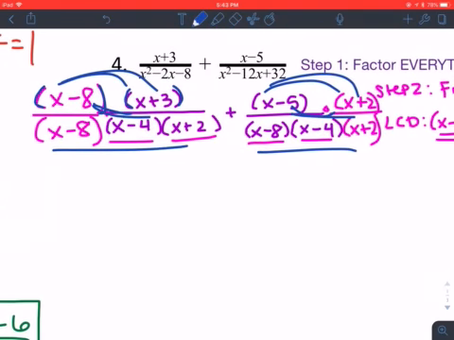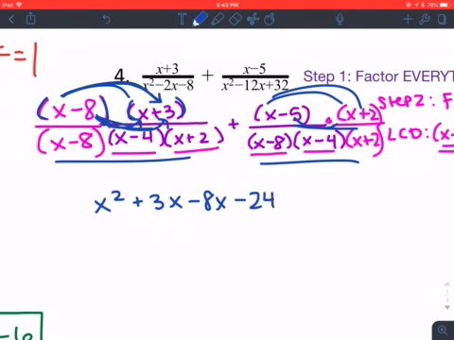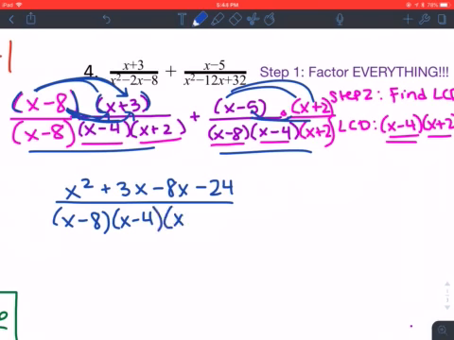The numerator FOILs: x times x, x squared, x times 3, 3x. We have negative 8 times x is negative 8x, and negative 8 times 3 is negative 24. All over x minus 8 times x minus 4 times x plus 2.